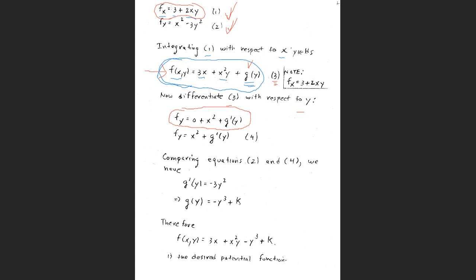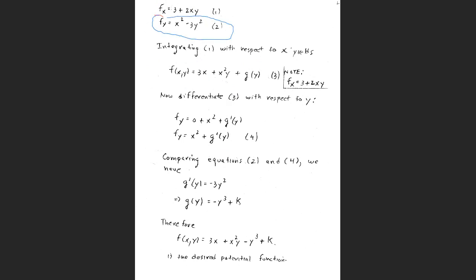So the partial derivative of f with respect to y is x squared plus g prime of y. Now I'm going to compare equation 2 with equation 3, equation 4, and I can find out something about g prime of y, because in my potential function f of x, y, the only thing I don't know about is what g of y is equal to.